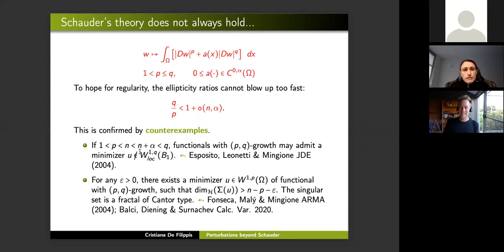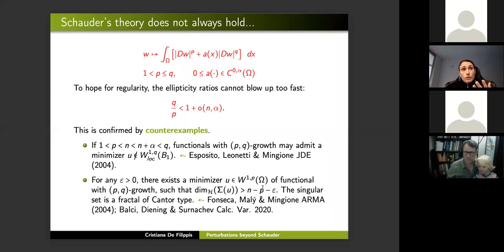They are simply as awful as any W^{1,p} map, because it is possible to prove that this Hausdorff dimension is strictly larger than n minus p minus epsilon. So it is essentially maximal, taking into account that these minimizers belong to W^{1,p}.